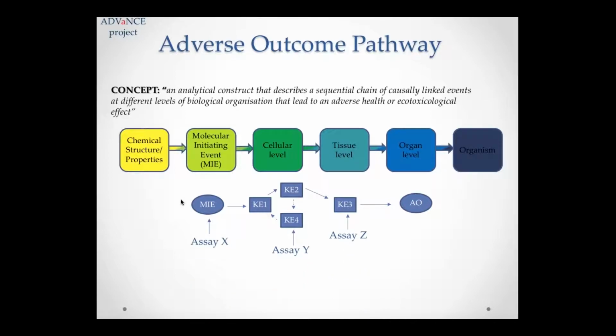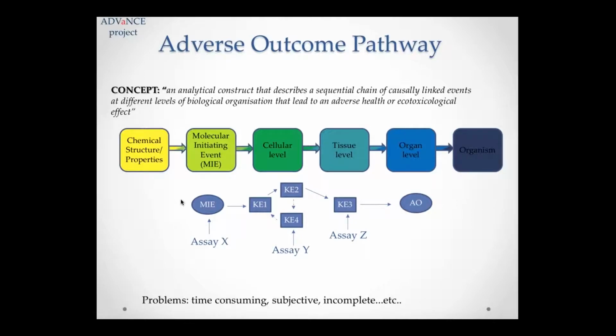And the idea is that all these different key events or molecular initiating events can be targeted by in vitro assays, so they could give some more clarity on how this adverse outcome can be targeted earlier.